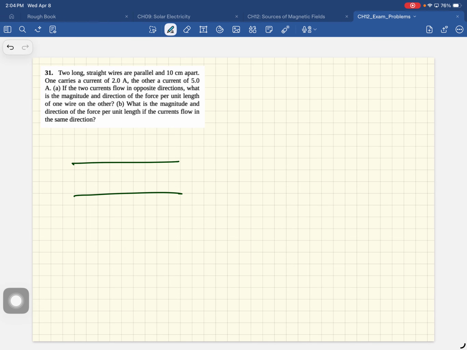So here's the loop. We're finding the field at the center, so z is 0 there. So B is mu naught N I A divided by 2 pi times R. N is the number of loops of wire, I is the current, A is the area of the loop.